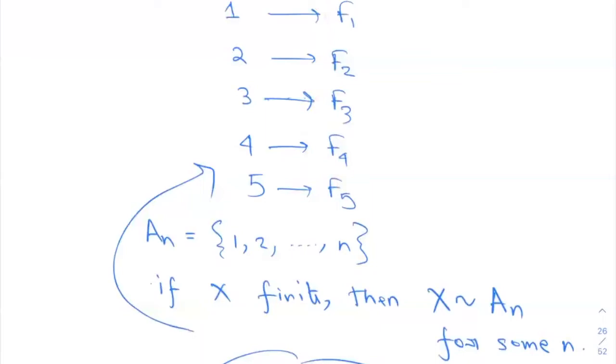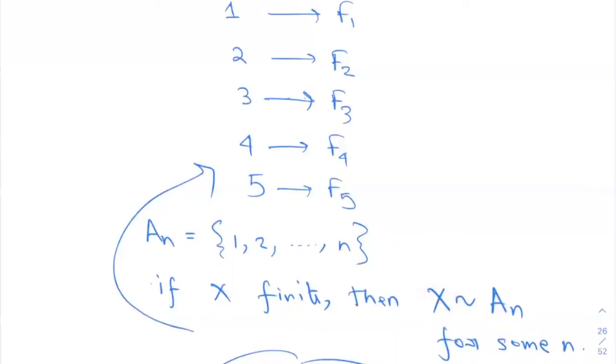I'll call x a finite set if it has a finite number of elements, and suppose I'm counting the elements in x. Once again, I have to call something the first element, and then call another element the second element, and so on. That means counting in x is equivalent to finding a bijection from x to A_n for some n, where A_n is the set of the first n natural numbers. And this particular n is going to be the cardinality of the set x.